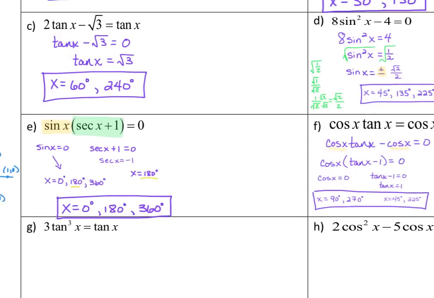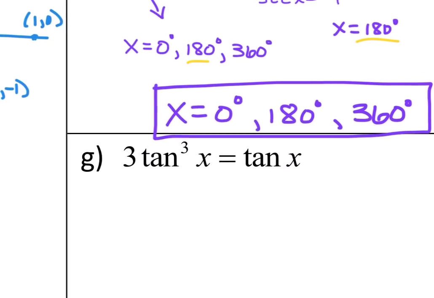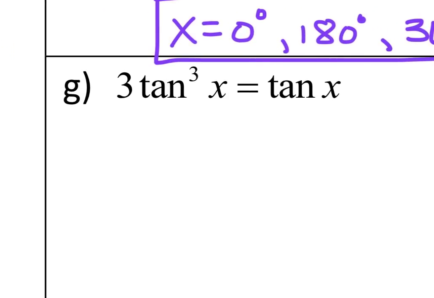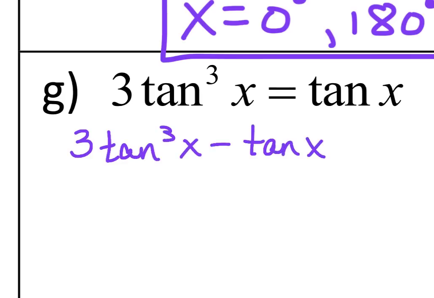Now, in letter G, you're going to want to start letter G the same way you started letter F, by subtracting the tangent from both sides and then factoring out a GCF. So your first step for letter G is going to be 3 tangent cubed of x minus tangent of x equals 0.